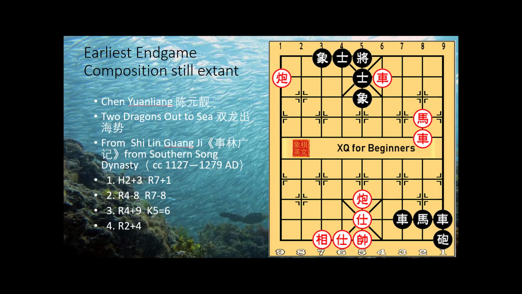Okay, before we begin, perhaps the earliest endgame composition that is still extant was found in Chen Yuanliang's Shiling Guangji from the Southern Song Dynasty. The exact date of the book that was written is not known, but it was published in the Southern Song Dynasty, which means that this puzzle could have easily existed between the 12th century and the 13th century.